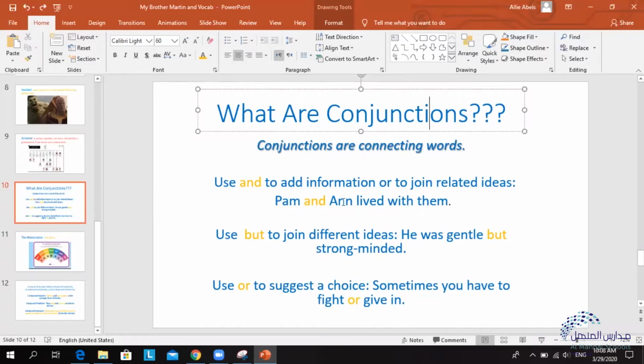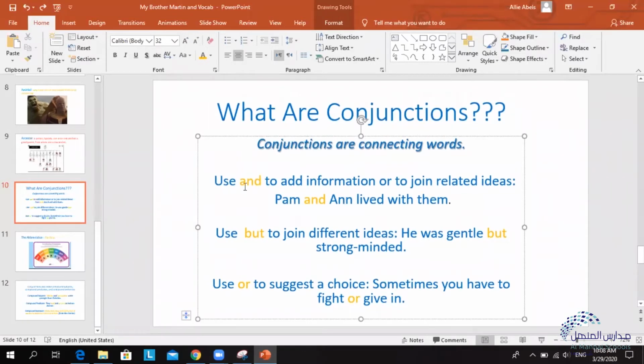In our first example, it states use "and" to add information or to join related ideas. So when someone wants to speak about the same ideas or add information, you simply use the conjunction "and" to join them.